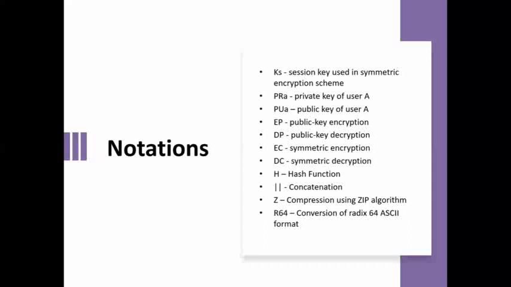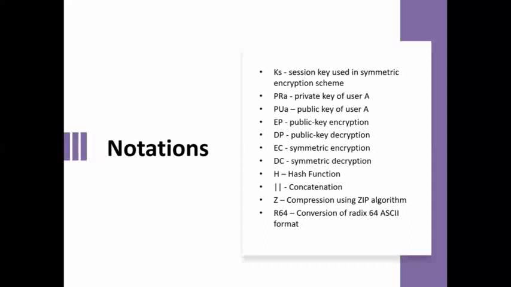The second one is PRA, the private key of user A. This is the key we use in the public key encryption scheme. We already know that the public key encryption scheme has two keys, one private and another public.